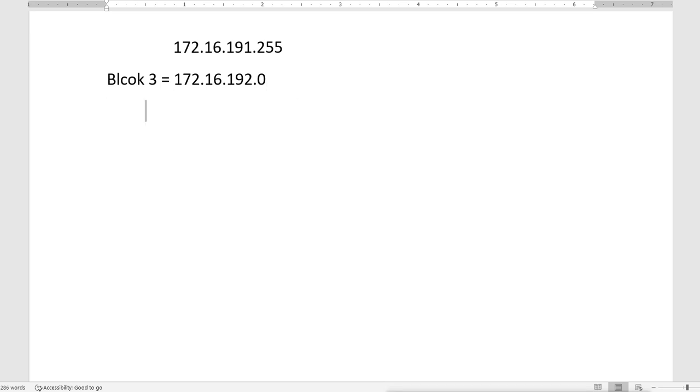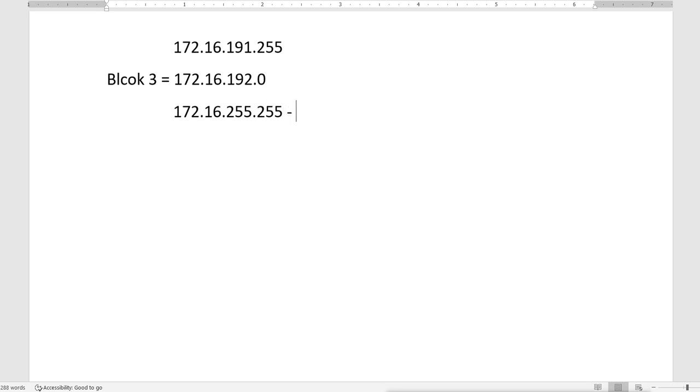And it will go up to 172.16. Now when you add again 64 here, it will become 256 actually, but because we started from 0, it will reach 255, and we can't go more than 255, and the last IP will be 255.